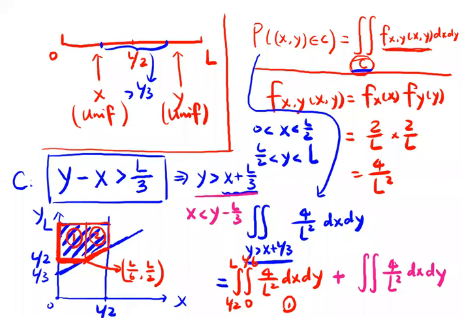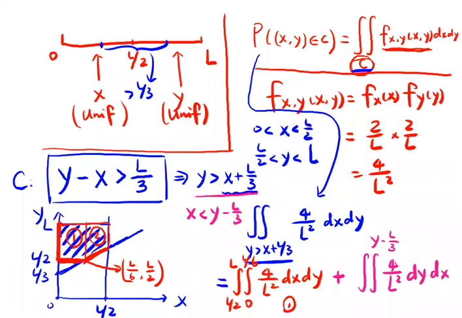So your x should always be smaller than y minus L over 3, but greater than this point, right? Sorry, I think it's probably easier to do dy first. Sorry about that.